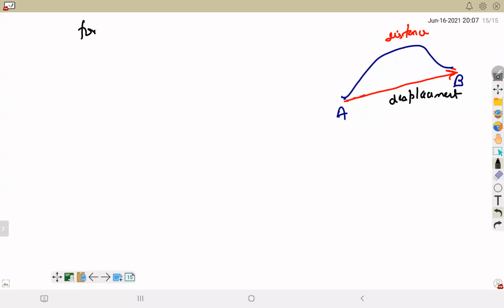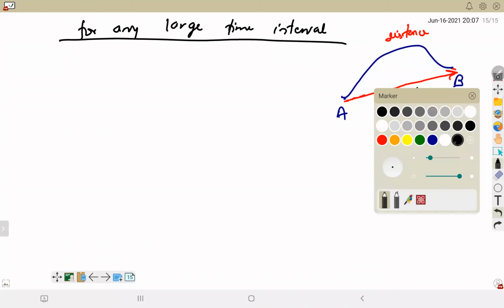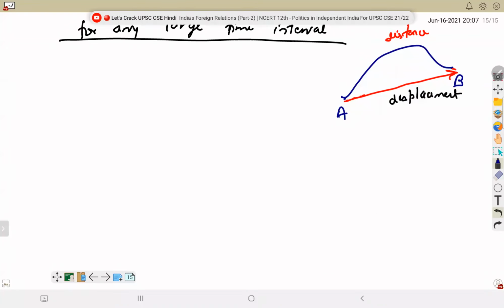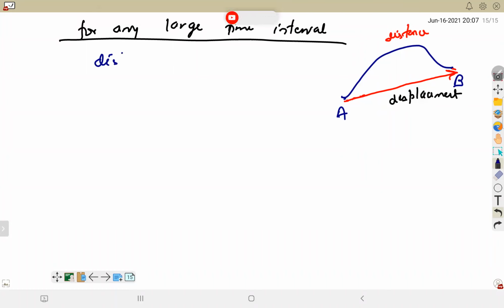Even 2 seconds or 1 second is a large time interval. Distance is always greater than or equal to the magnitude of displacement.